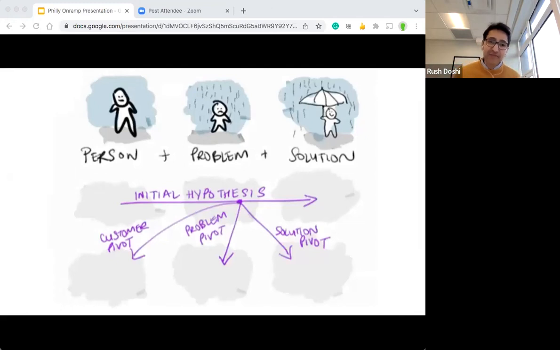But the thing to keep in mind as you're going through this journey is that a lot of it is going to change, and you're going to need to be prepared for that. You have initial hypotheses around all of these, but you might need to pivot based on the learnings and information that comes. You may need to pivot around the customer, or the problem, or the solution.